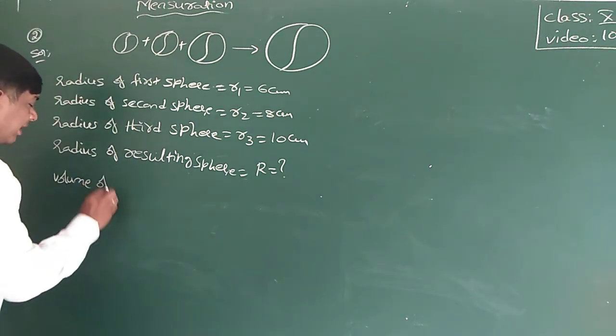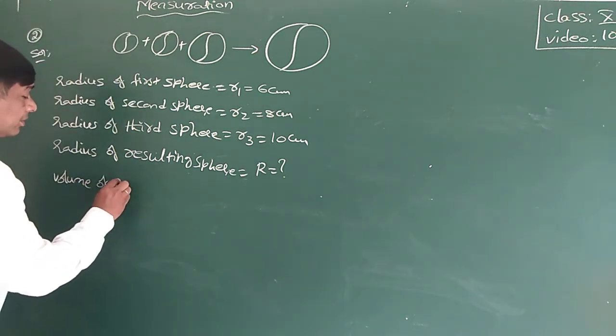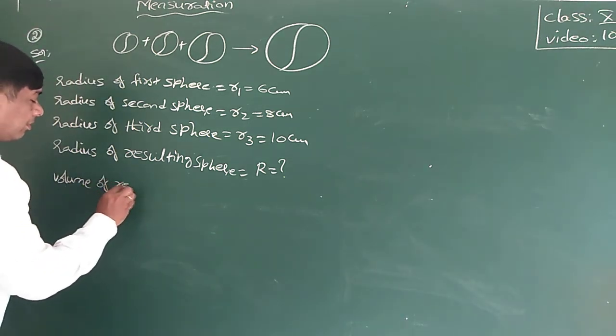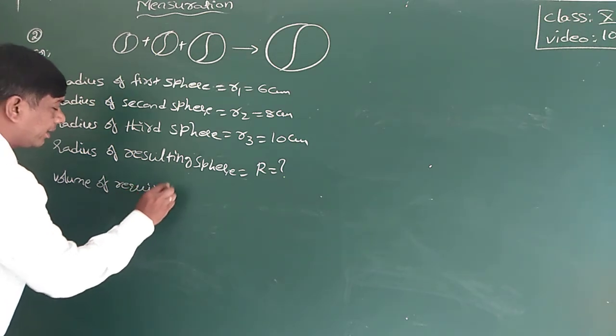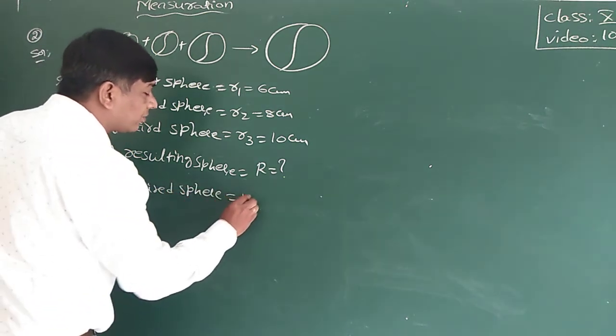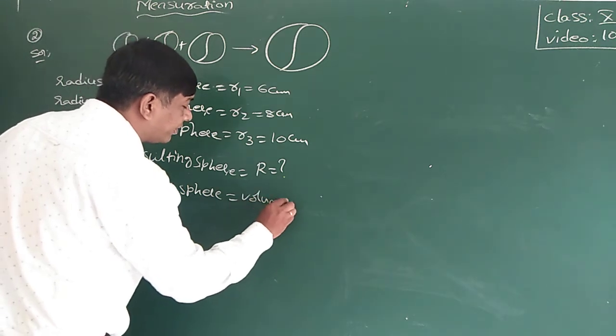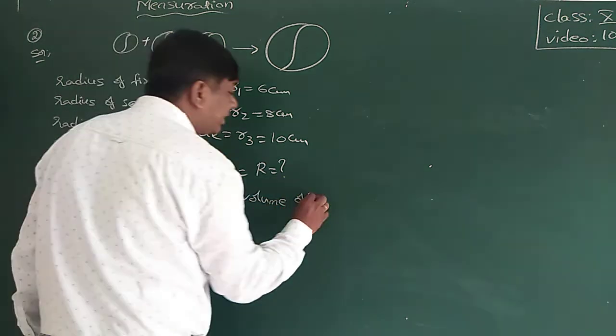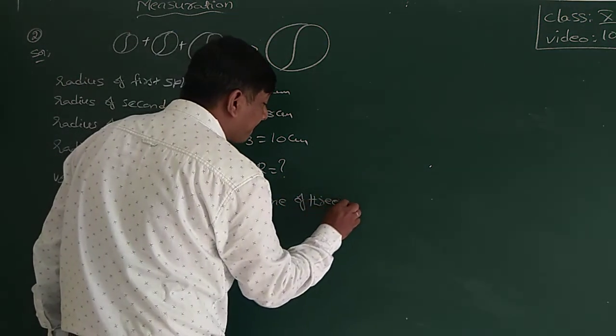So the volume of the required sphere is equal to the volume of the three given spheres.